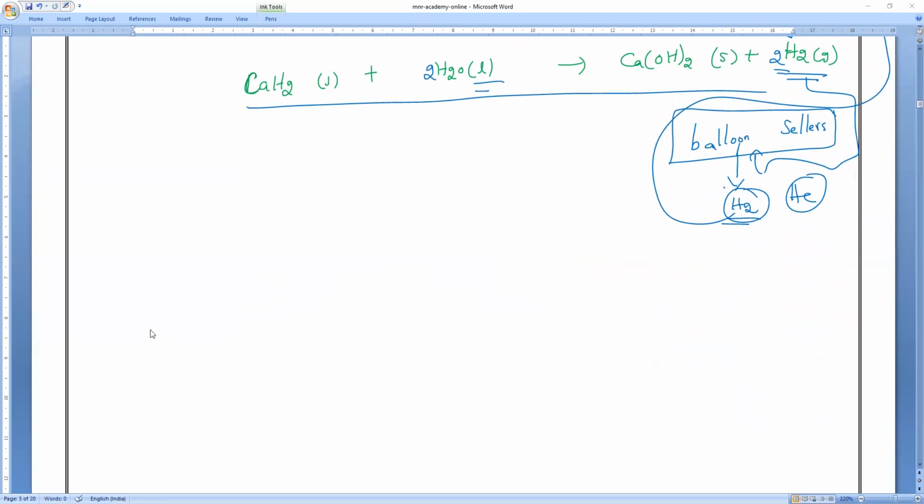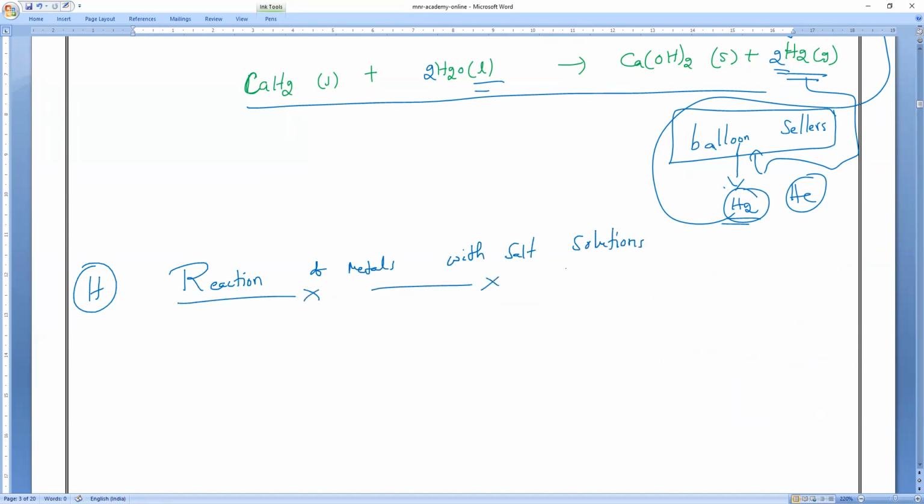Okay, guys. Next property. This is also one of the most important ones: reaction of metals with salt solution. This is an example of something which we already studied in the first chapter. Anybody can tell? A more reactive metal displaces the less reactive.